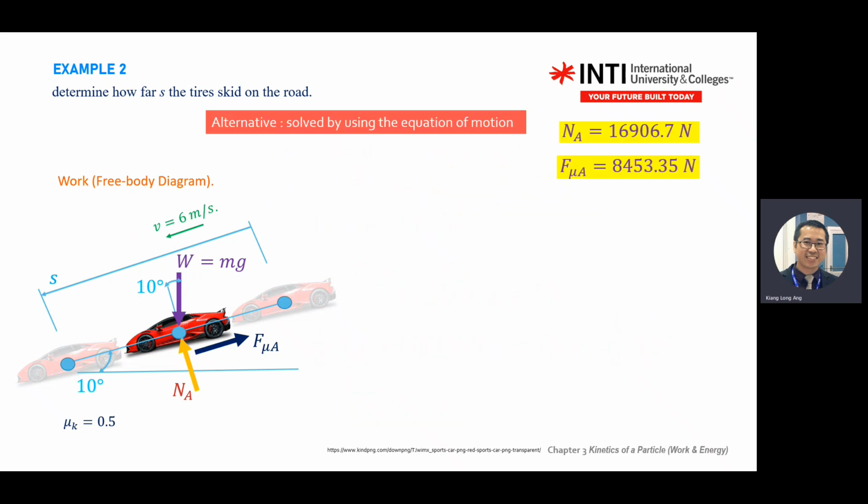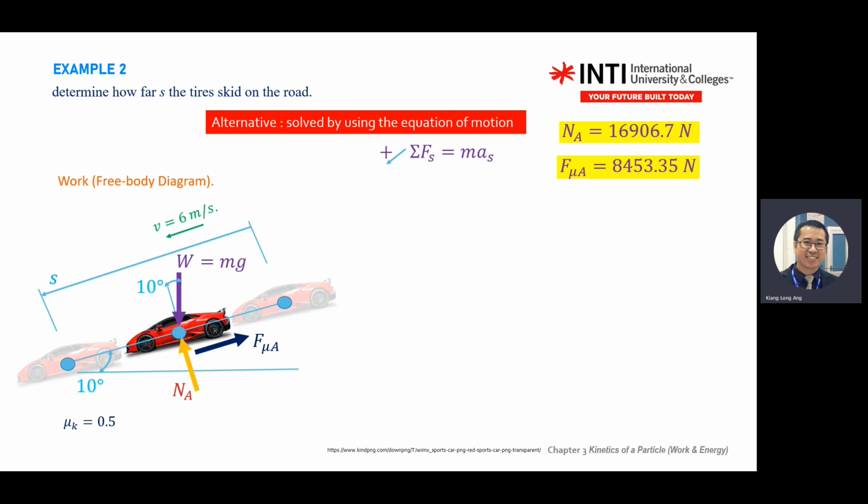Okay, so we can solve by equation of motion. Same. F equals ma. Focus on one specific direction, in this case, the surface direction. All the forces in the surface direction: you split W, the friction force.